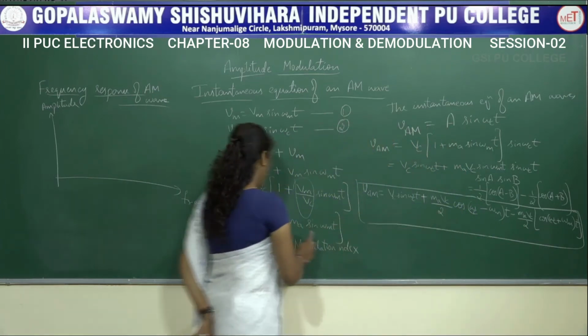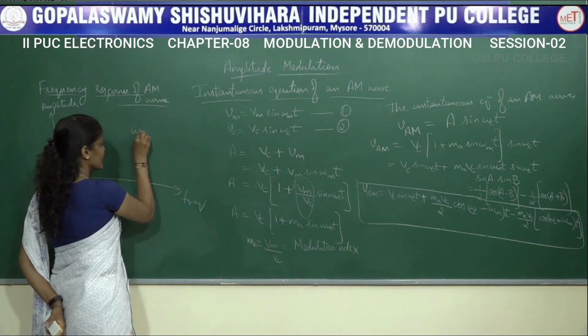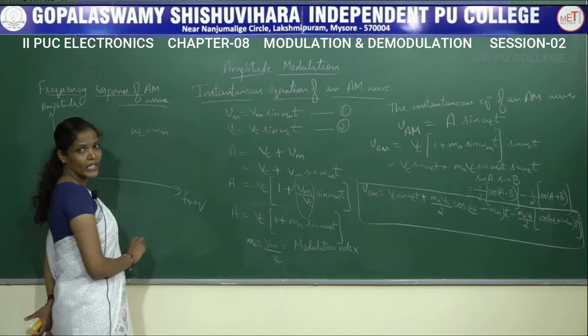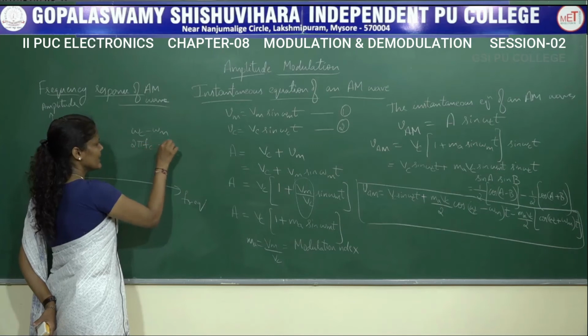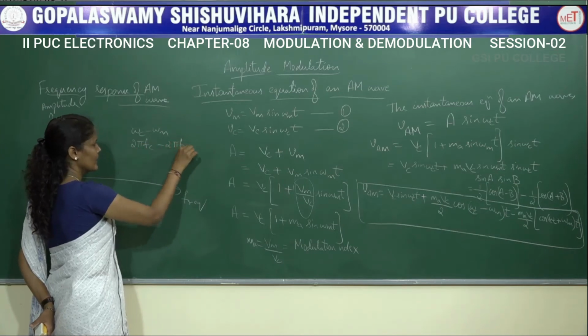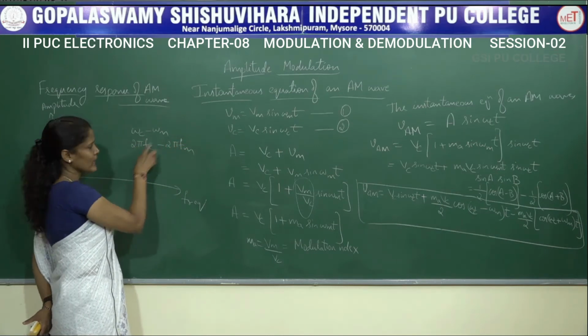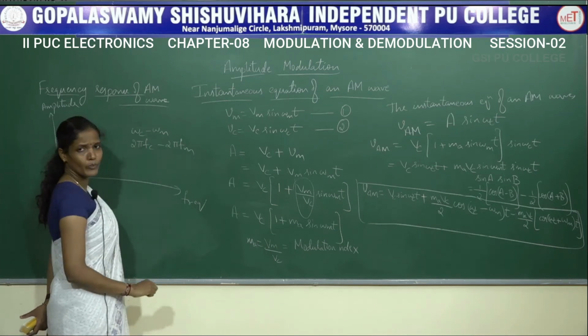Here we have omega c minus omega m. So omega c minus omega m can be written as 2 pi fc minus 2 pi fm, because omega c is 2 pi fc, omega m is 2 pi fm.